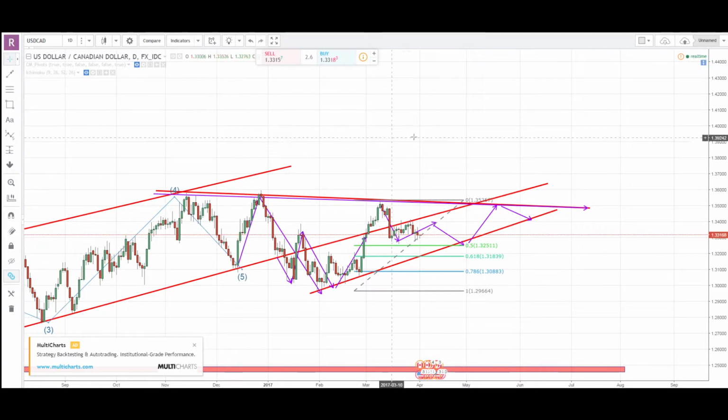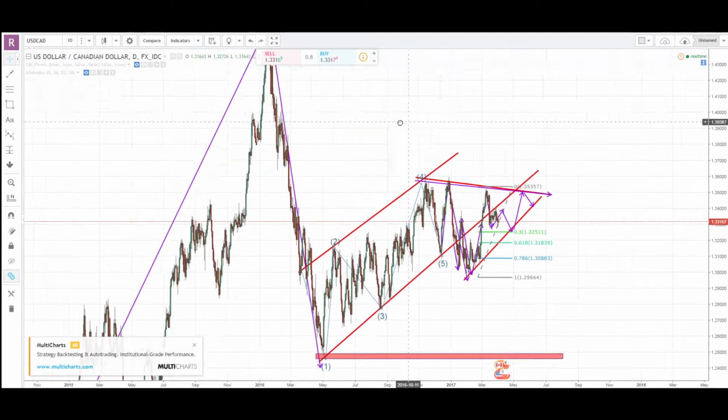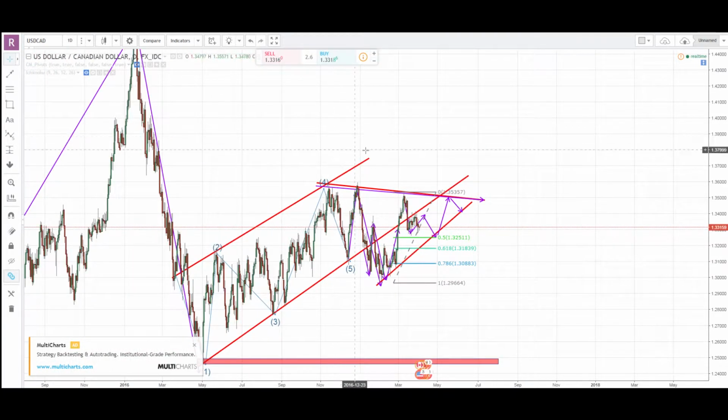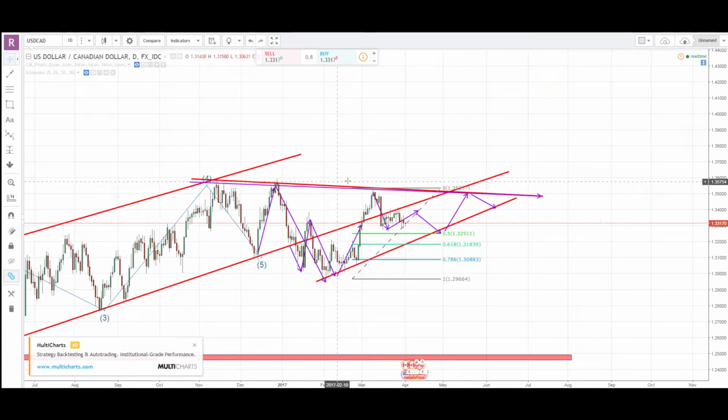I would not trade long on this pair at all. So I think I will skip this touch and wait for the other one on the top, somewhere on the top.